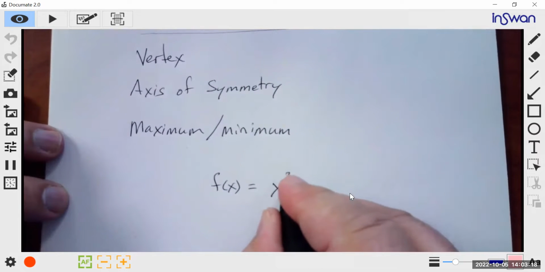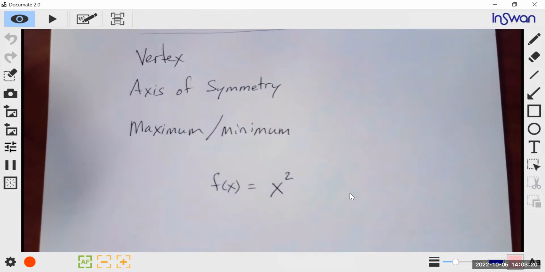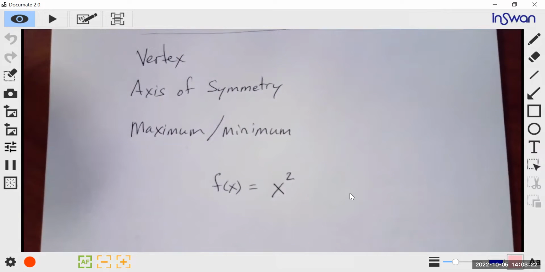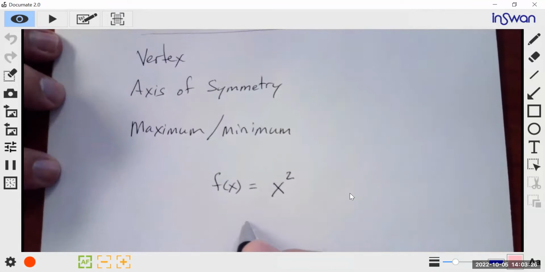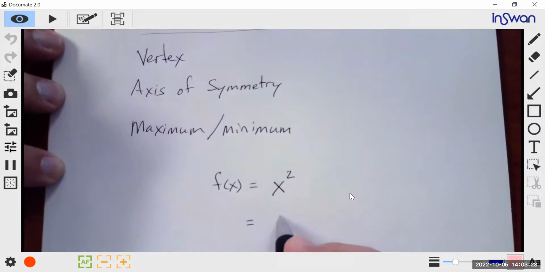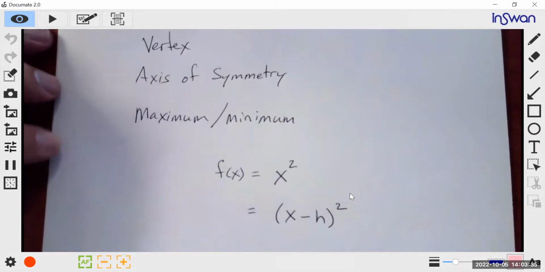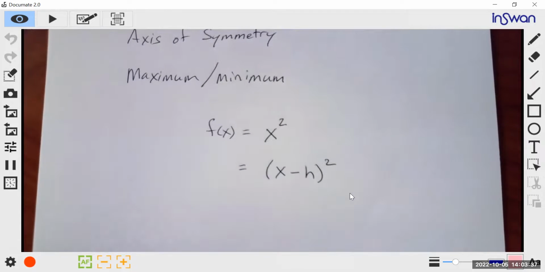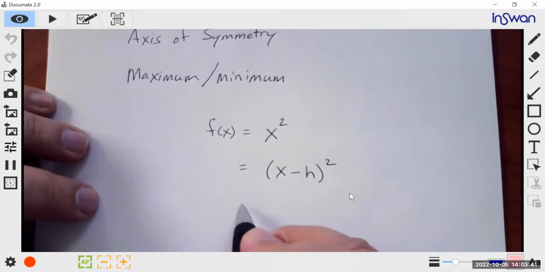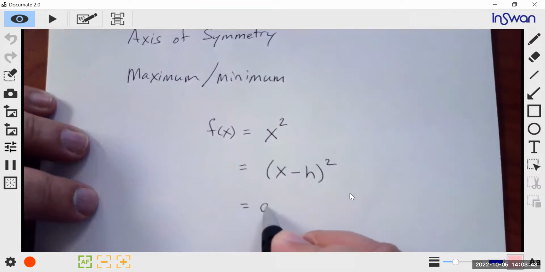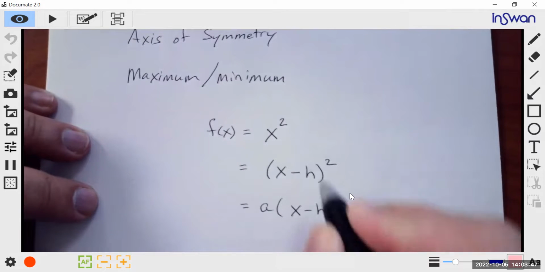Since we're dealing with quadratic equations, our library of functions says that's our function. Then any horizontal movement will be noted by what happens inside the function, x minus h. Let's use b.